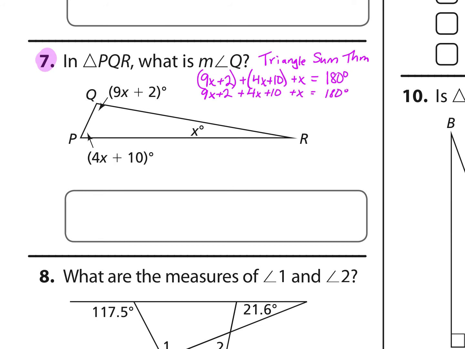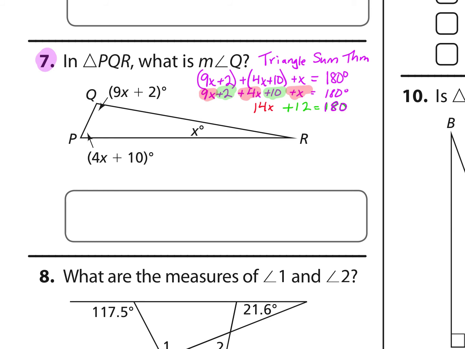And we'll combine like terms. We have 9x plus 4x plus x is 14x. And then we have 2 plus 10 is 12. And those add up to 180.